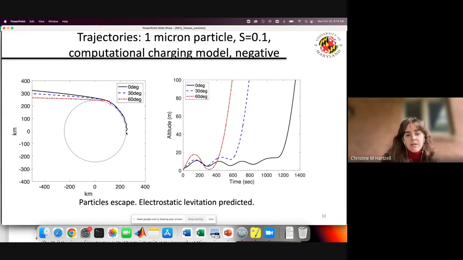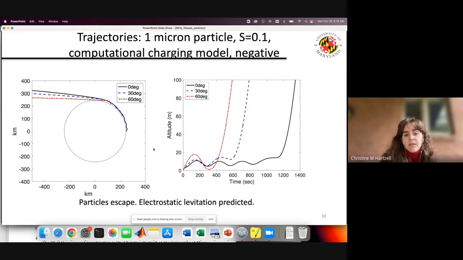So what I'm doing here is I'm lofting 3 particles, one at high noon, one at 30 degrees, and one at 60 degrees. And I'm using the computational charging model to predict their charge and giving them a negative initial charge. So when we look at these trajectories, we see that all 3 particles escape from the asteroid.